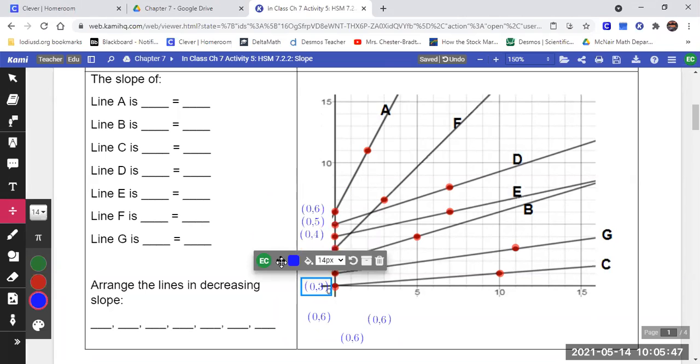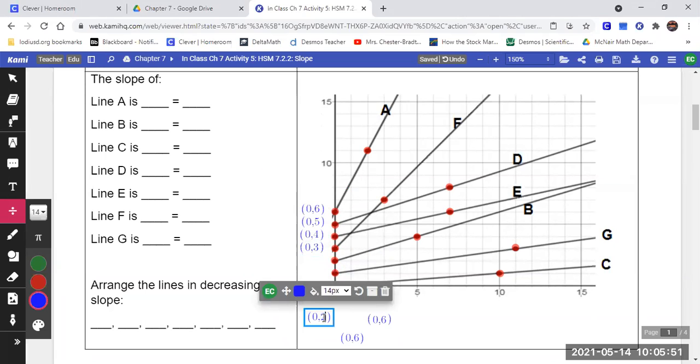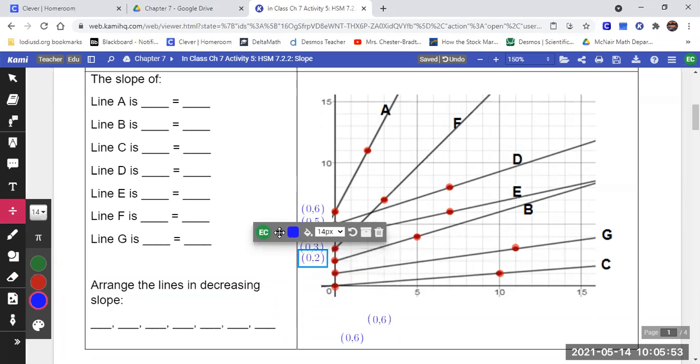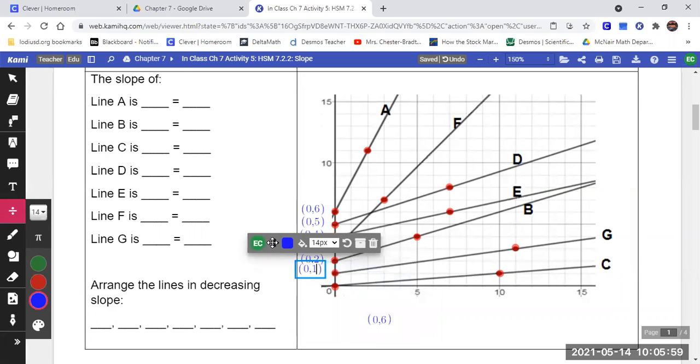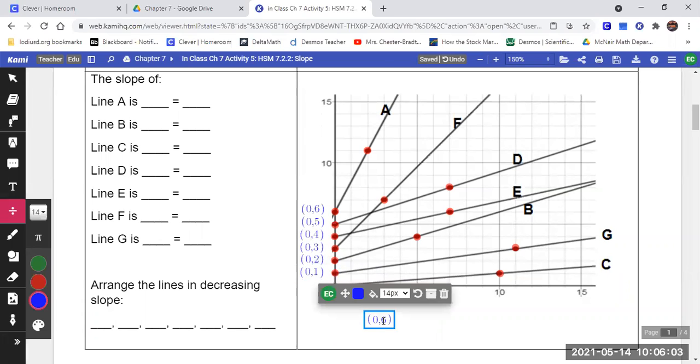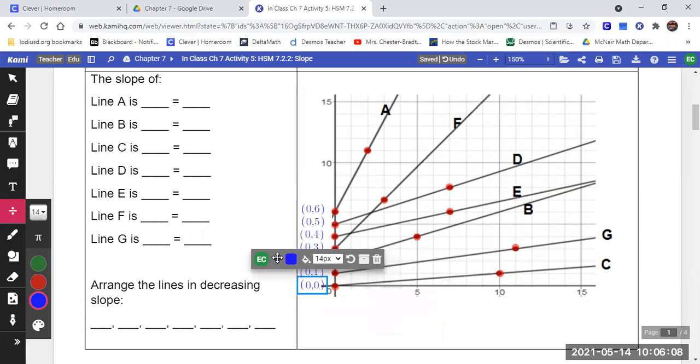These are the easy ones. 2, 1. What's another name for that 0, 0? When we have a Y-intercept that's 0, 0, what do we call 0, 0 on the graph? What's its special name? There's a word for this coordinate 0, 0.